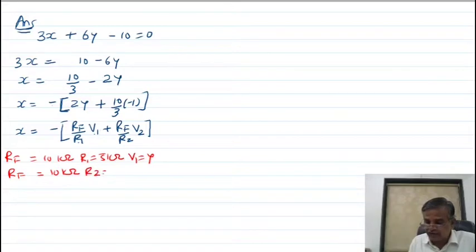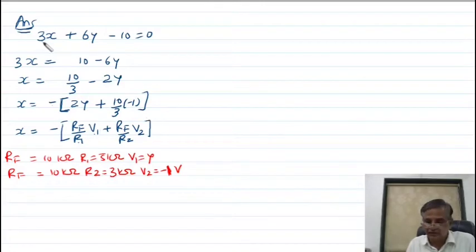R2 I have to take 3 kilo, and V2 I have to write minus 1 volt. So 10 kilo, 3 kilo, minus 1: this is nothing but 10 by 3 into minus 1.